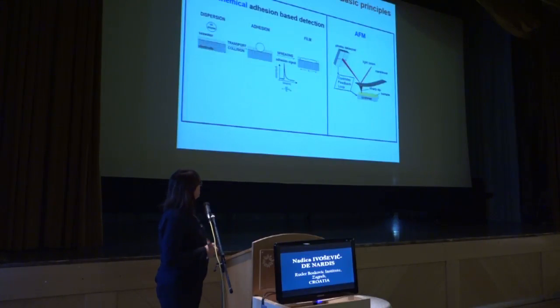So here is the basic principle of our approach. Over here, it shows how this electrochemical adhesion-based detection works. Electrochemical adhesion-based detection is based on sensing interfacial properties, hydrophobicity and structural organization, rather than chemical composition.